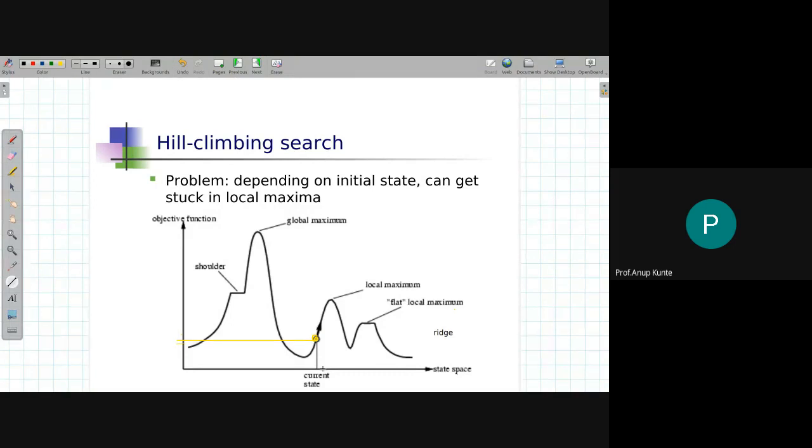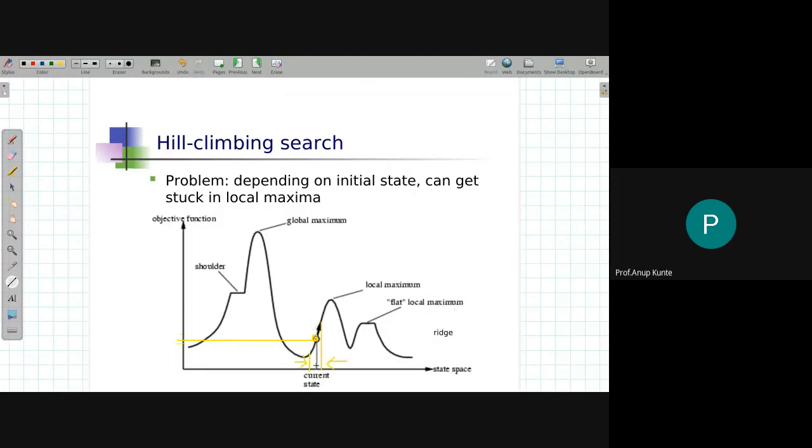Neighbors would be the nodes which are adjacent to me. If I discretize this diagram, I may have one neighbor situated over here and another neighbor situated over here. If this could have been a two-dimensional diagram and we could discretize it based on certain parameters, this narrow region would show all the neighborhood cells of the current node.